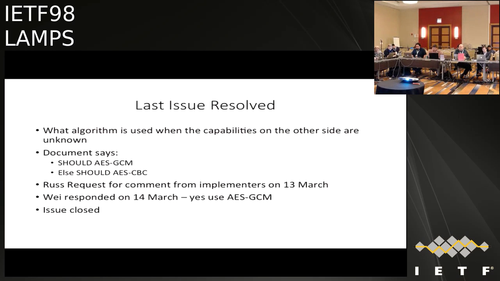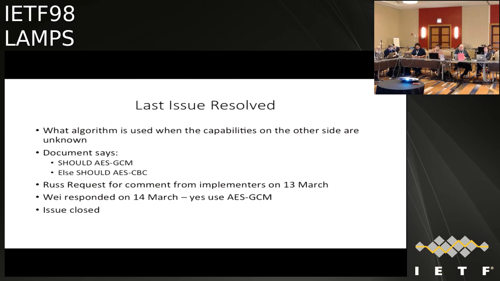What algorithm and what structure do I use? And the language actually says, you really should use AES GCM. And if you don't do that, you really should use AES CBC. And after that, it's up to you to figure out how to get out of your own hell.